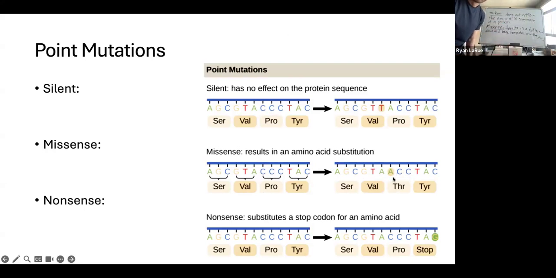ACC codes for threonine, an entirely different amino acid, not proline. So we would call this a missense mutation. Okay.